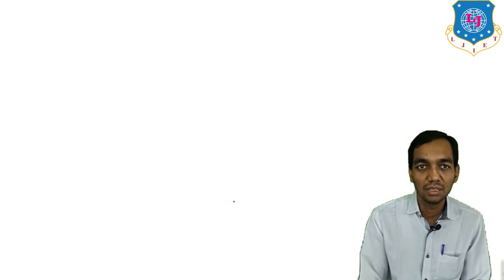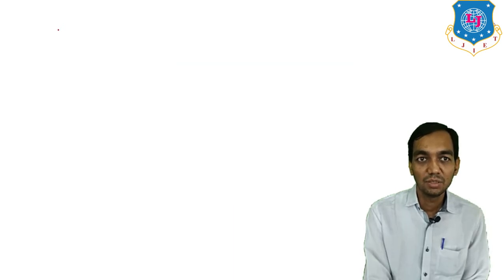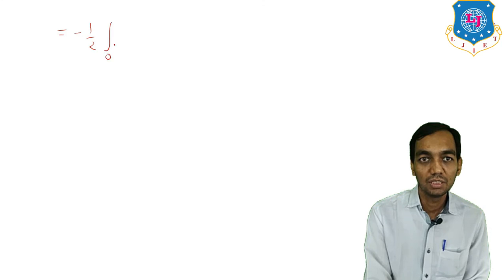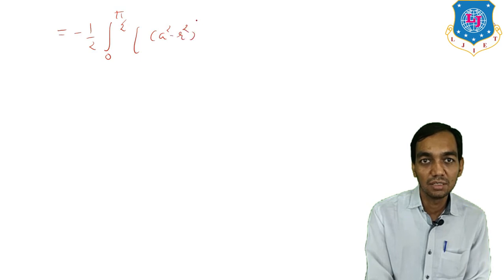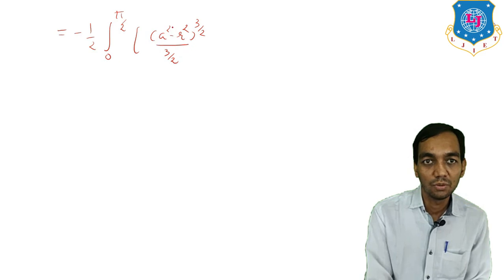So to integrate, multiply and divide the function by minus 2. So you will have minus 1 by 2 into integration from 0 to pi by 2, and the integration of a square minus r square raised to 1 by 2 is a square minus r square raised to 3 by 2 upon 3 by 2. Okay, this is 2.